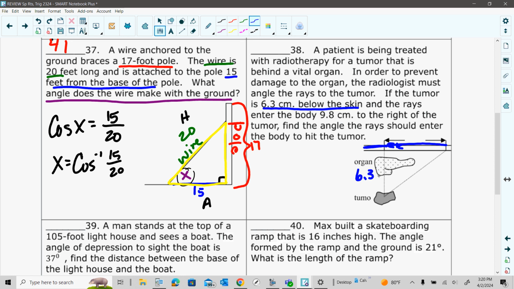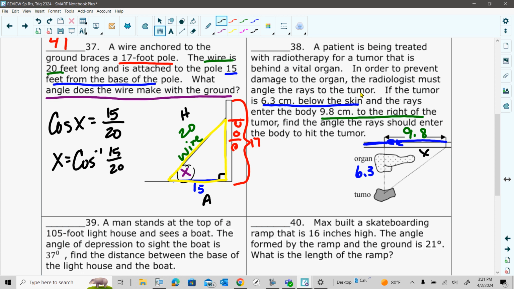The ray enters the body 9.8 centimeters to the right of the tumor. So that would be here. And then it says, find the angle the ray should enter the body. So that angle is here with the horizontal line. Okay, that's better. So hopefully that helps you pick the correct trig function.